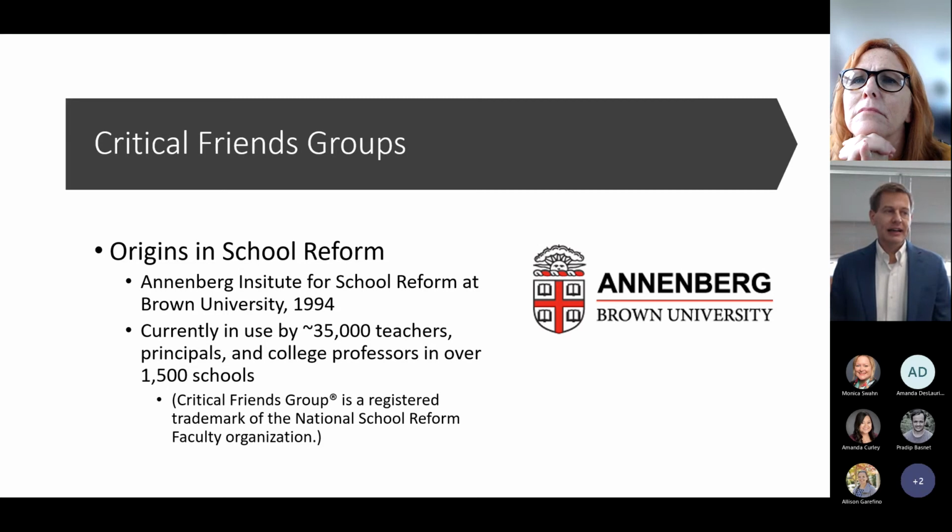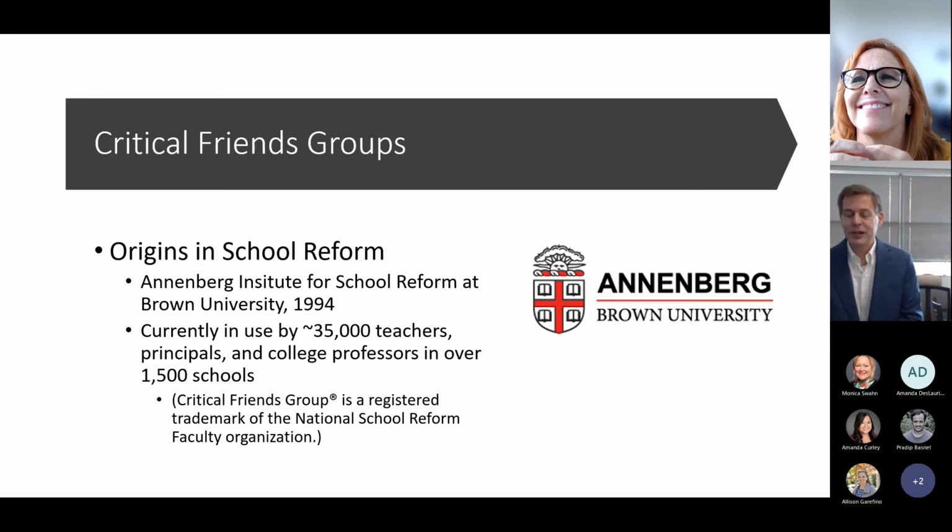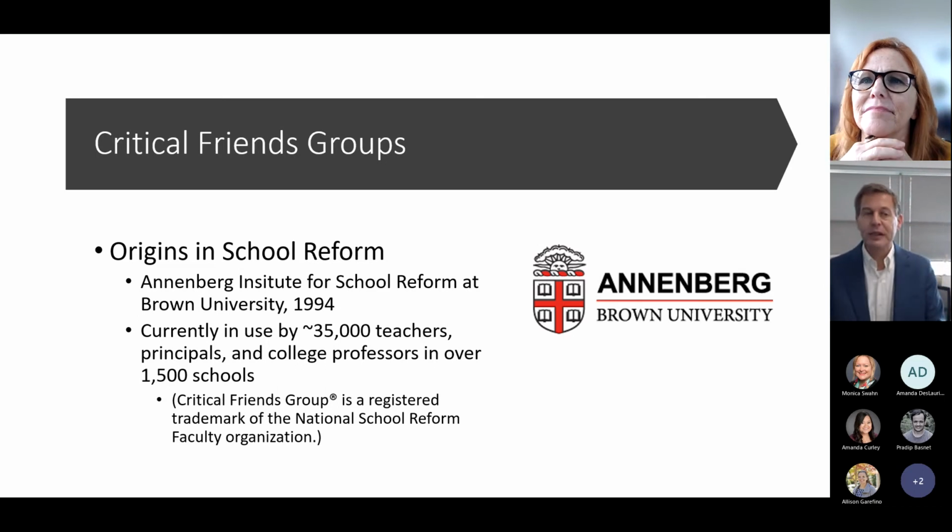So that process, Critical Friends Group, is actually a registered trademark from something called the National School Reform Faculty Organization, and it's used by thousands and thousands of folks all around the country. So we're, like many, borrowing the concept, and a lot of people have been borrowing this concept and relating it to things like groups for review.